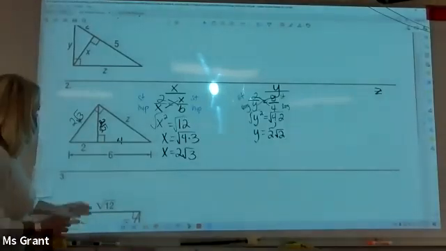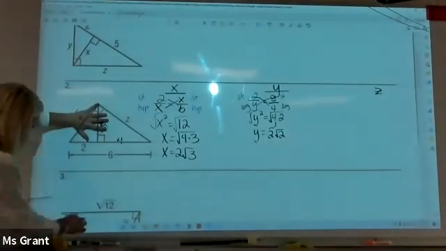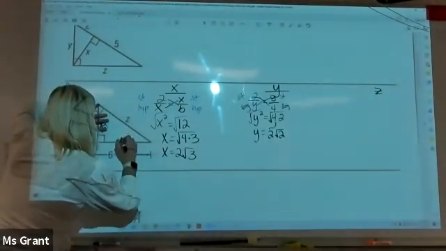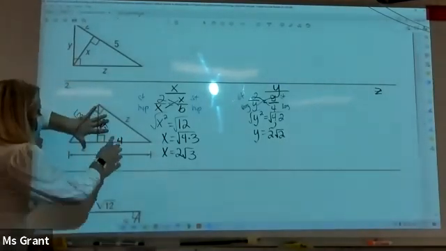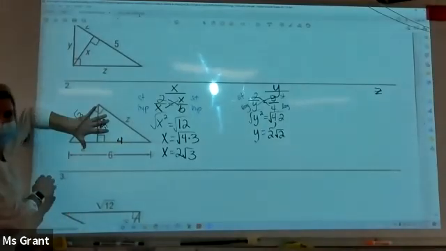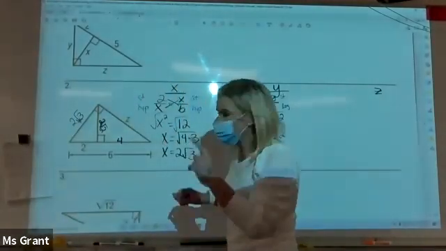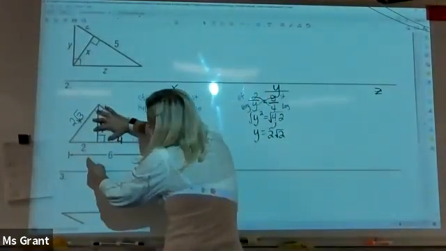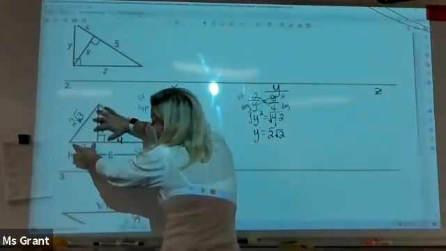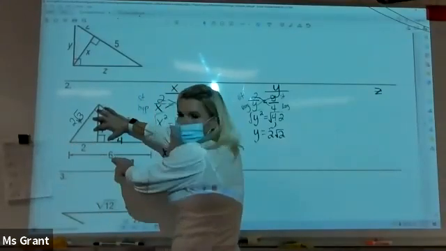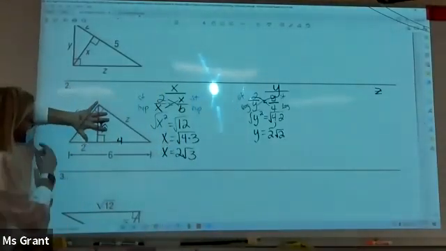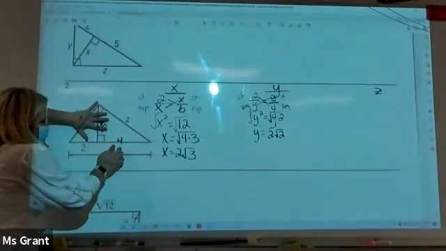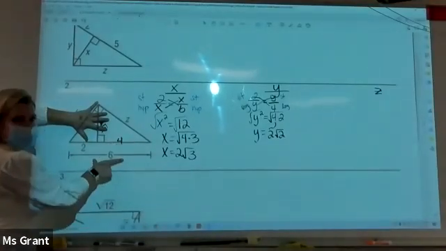Okay, the next thing I want to talk to you about, the z. The z, the 4, and the 6 are all related. Remember how I said with x, it was x and its adjacent side and this big long hypotenuse? With z, it's the adjacent leg and the giant hypotenuse.